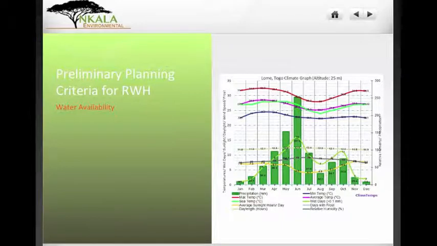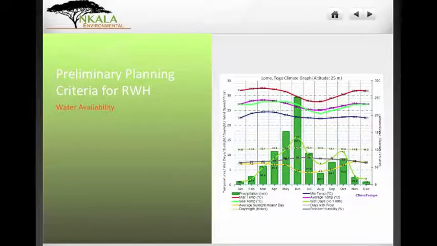This particular hydrograph also shows some temperature and relative humidity and daylight hours and so forth. But this is basically a precipitation chart. So it's showing us how much water is expected, is average. This is statistically based in this particular area.